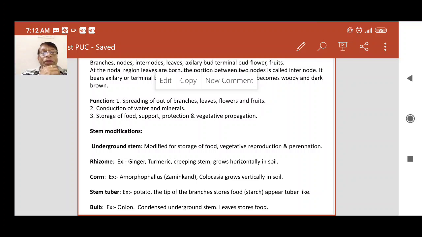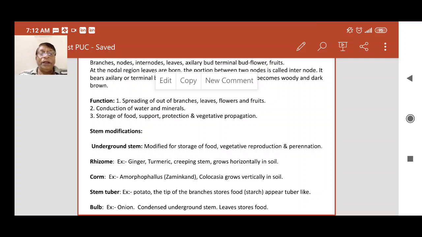Perennation purpose means when the conditions are unfavorable, the stem remains in the soil. When it rains, it sprouts, producing new leaves and branches.